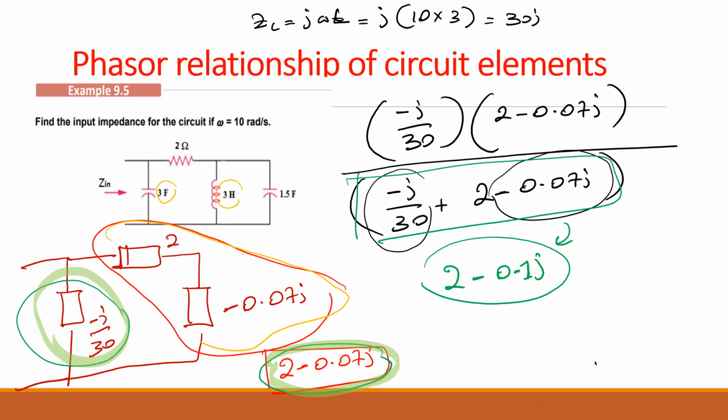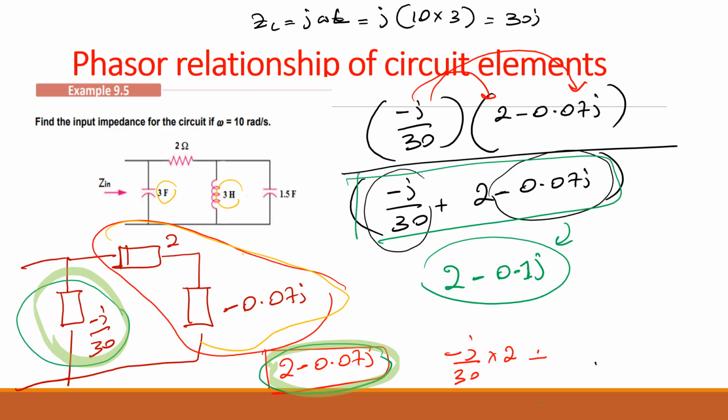And the top part you need to do this way, isn't it? This times this. Am I right? That's how you expand the brackets. So the top part will be negative j over 30 times 2.